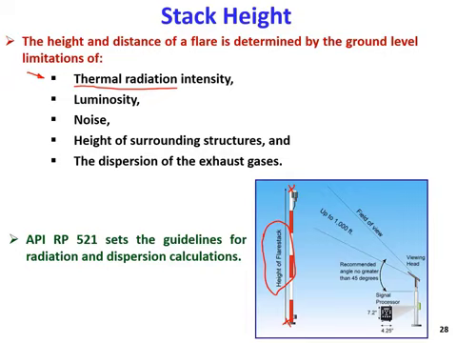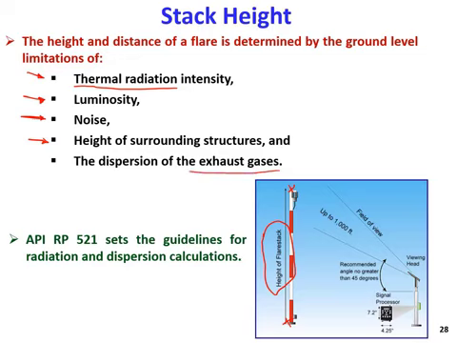If there is more radiation, we have to put the flare tip at a higher level, in case there are operators working on the ground, so they can be less affected by this. Luminosity, it means how much light it will produce, how much noise it will produce, and the height of surrounding structures. There might be another column here, there might be a reactor beside the flare, there might be other structures close to the flare. How tall or short they are can affect the design of the flare system.